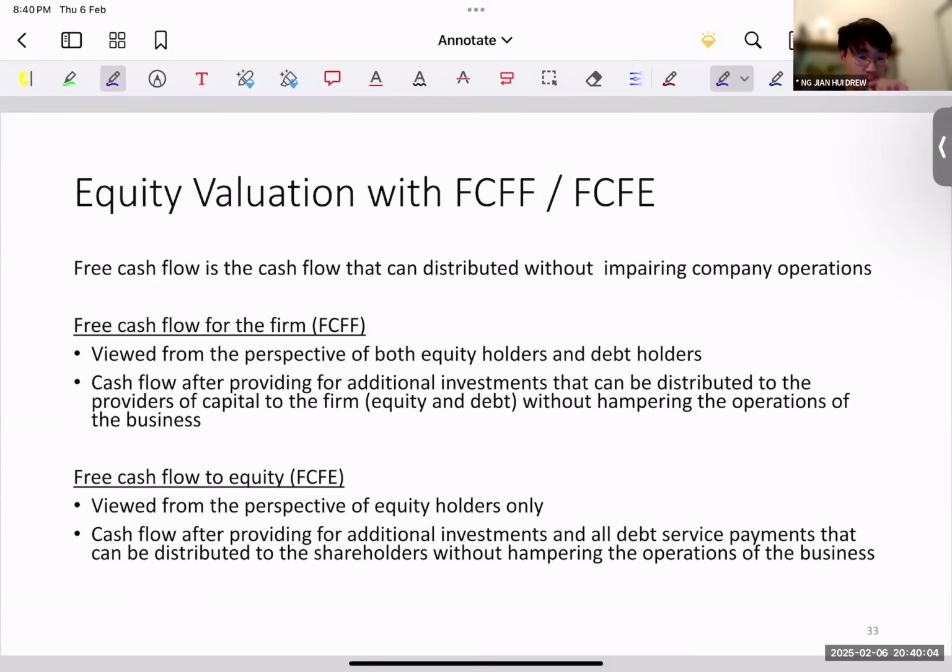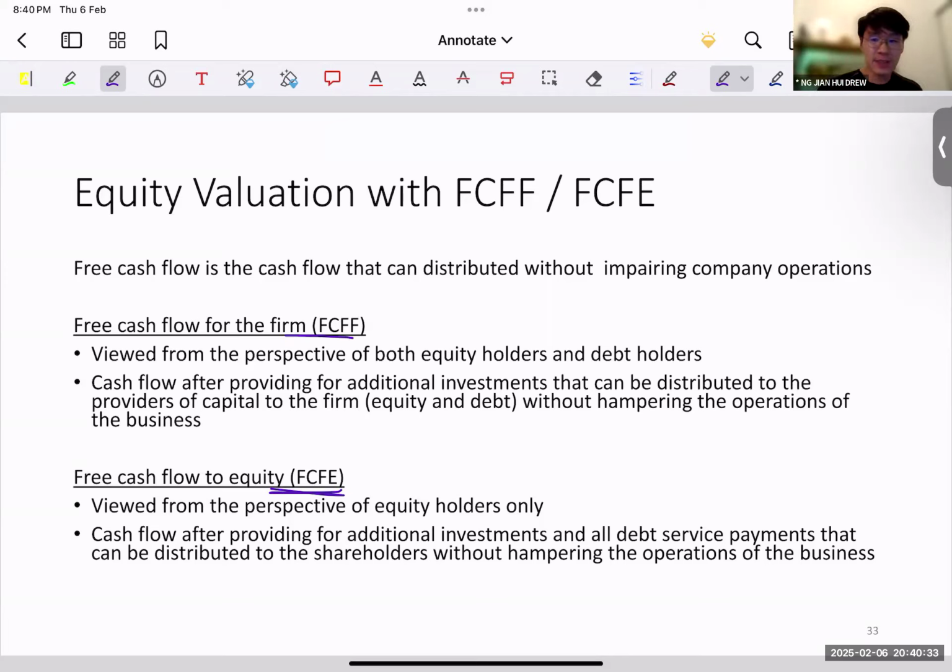Free cash flow to firm, FCFF, and FCFE. I understand this might be new to most people. Like DDM, most of you have probably seen it, but this might be a bit new. Most probably you have seen the free cash flow model, but you have not seen the specificity of free cash flow to firm or free cash flow to equity holder.